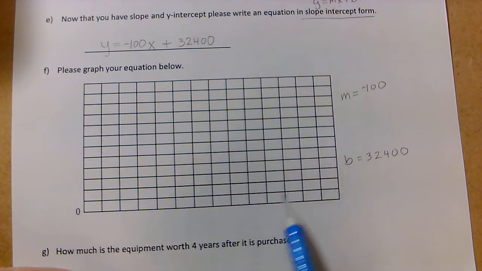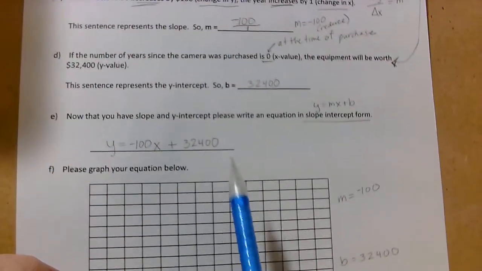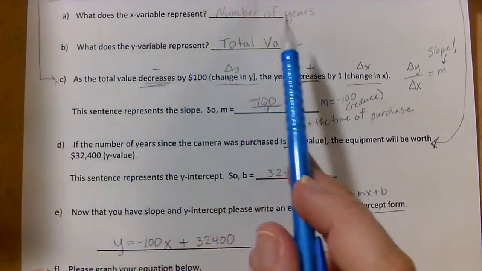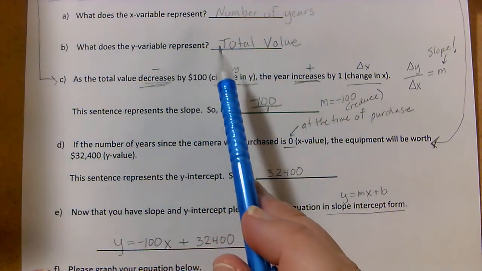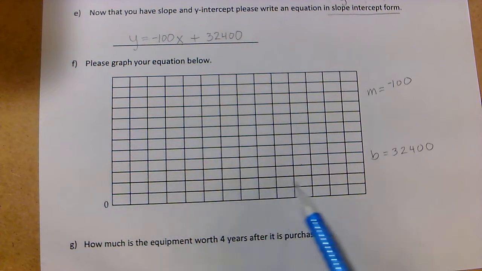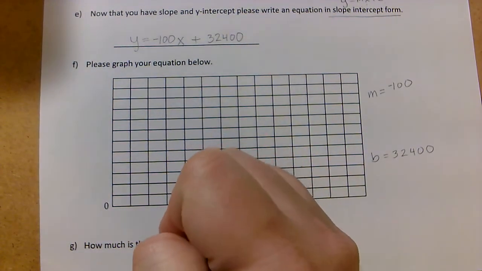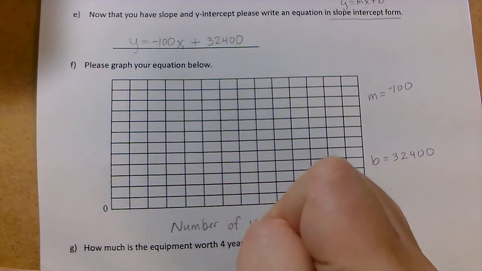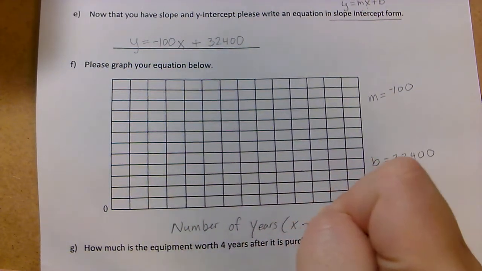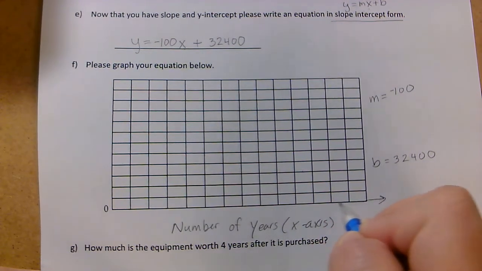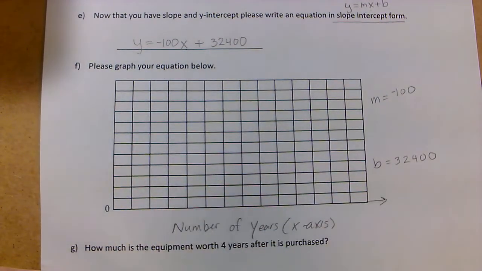We need to remember our variables from the beginning. Our x variable represents the number of years. Our y variable represents the total value. So down here, my x-axis at the bottom is going to be my number of years, the bottom line going across to the 0.